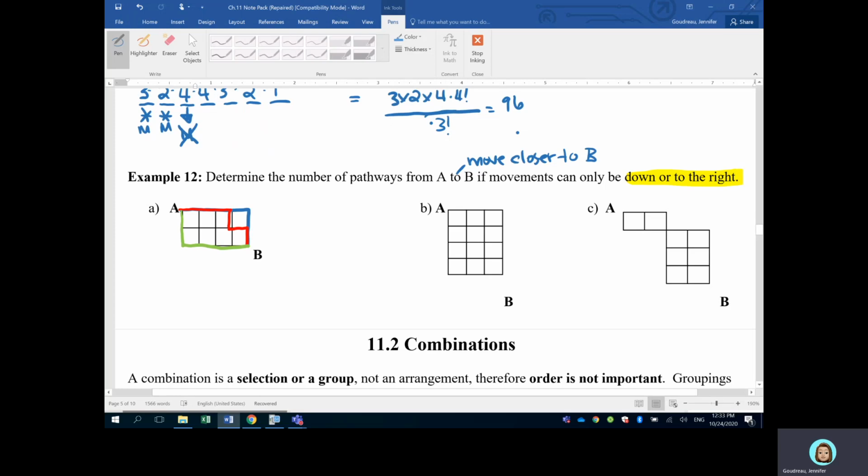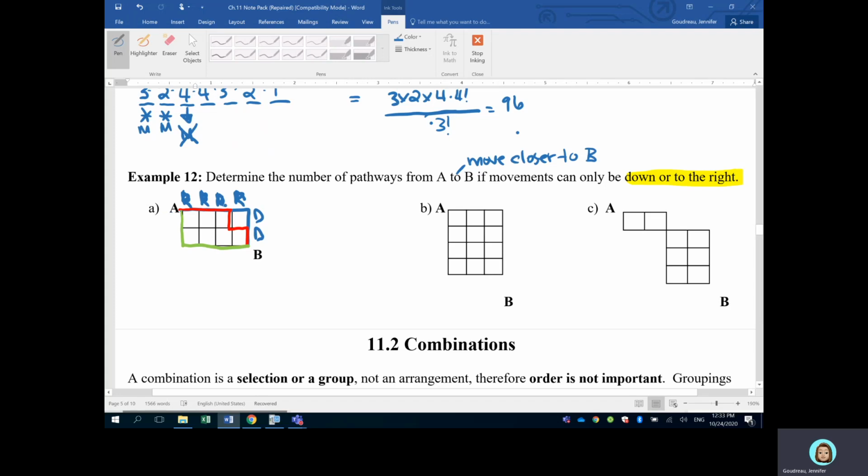So on this grid, what I'm going to show is that no matter what path we take, we have to go 4 blocks to the right, and we have to go 2 blocks down. But we can do that in any order. We don't have to go all the way to the right and down.